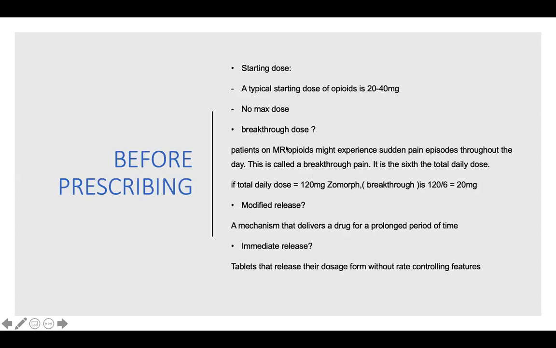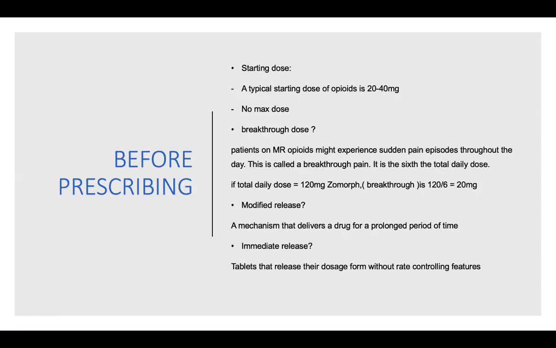So they take it, let's say, 4 hourly. In case they experience a sudden pain in those 4 hours, this is called a breakthrough pain. So you need to prescribe a breakthrough dose. And the breakthrough dose is always 1/6 the total daily dose. So the total daily dose divided by 6 will give you the breakthrough dose.